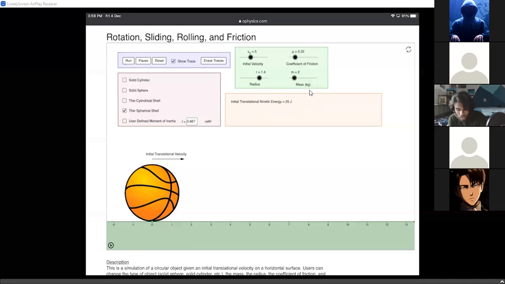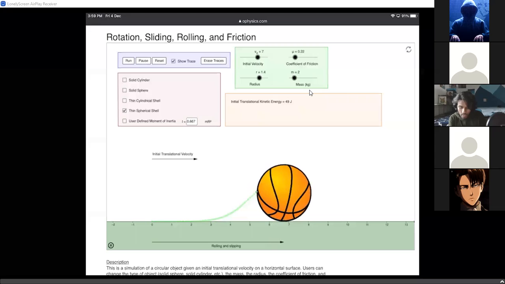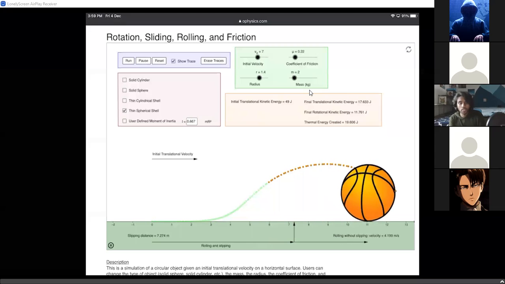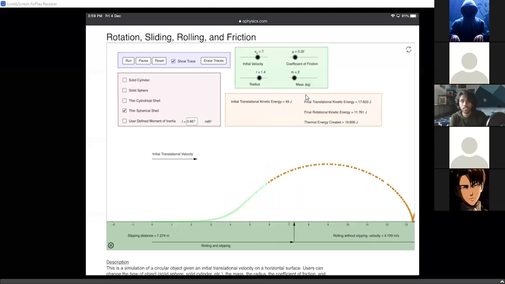I'm going to increase the velocity just for some understanding. You see, from this point onwards, it has entered pure rolling. We will learn how to find these points, definitely, but I'm just giving you some examples.